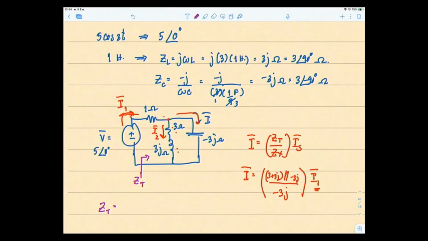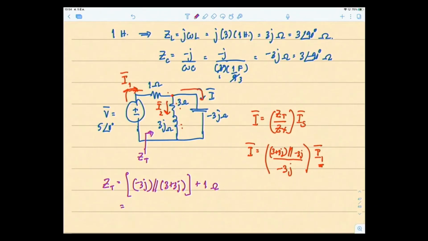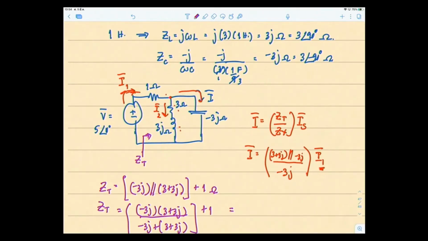The minus 3J is parallel to 3 plus 3J, and the whole thing is in series with 1 ohm. So you do your math: minus 3J multiplied by 3 plus 3J, divided by minus 3J plus 3 plus 3J, and then plus 1. This is your Z total.